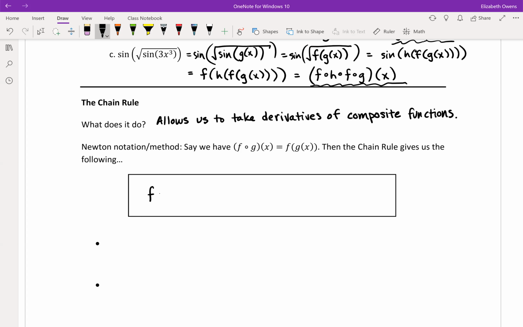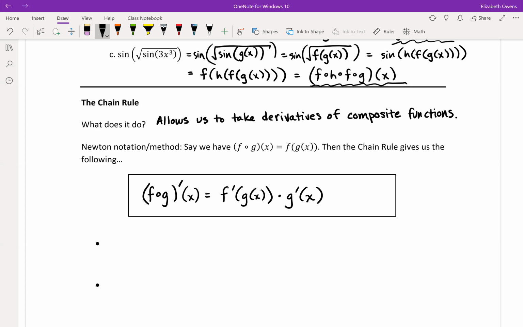If you're taking the derivative of f of g of x, you would write it like this: f prime of g of x times g prime of x. That is the chain rule statement in Newton's notation.